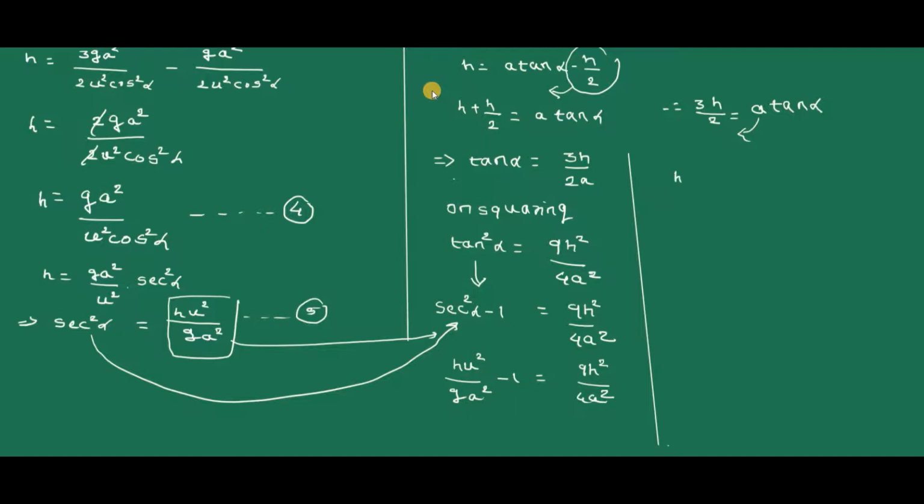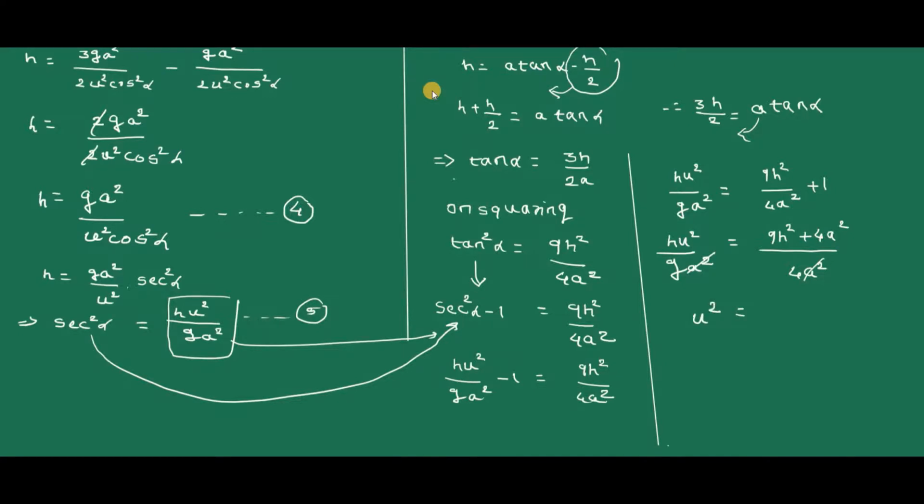That is hu square divided by ga square is equal to 9h square divided by 4a square plus 1. If you take LCM, it is 4a square. By using cross product, 9h square plus 4a square. Okay, then this is equal to, here left hand side is hu square divided by ga square, where a square and a square cancel.